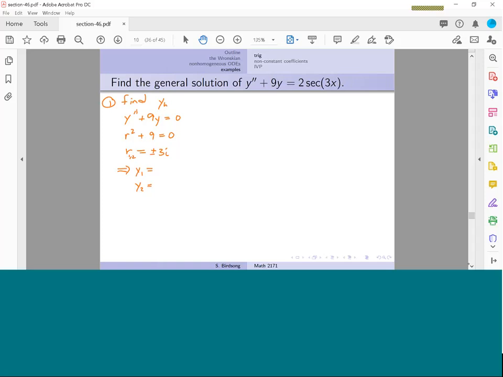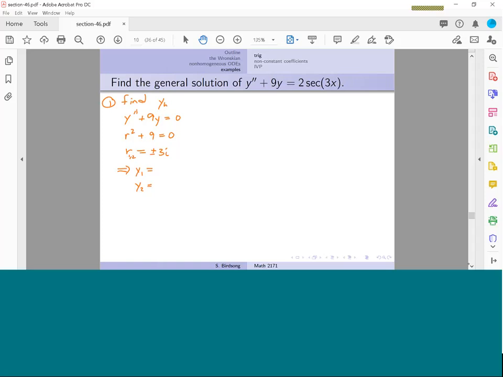In other words, are we going to, ooh, there's somebody. Yes, so the format, if you have imaginary roots, is e raised to the alpha times whoever your independent variable is, in our case x, good, times sine or cosine of beta times x.